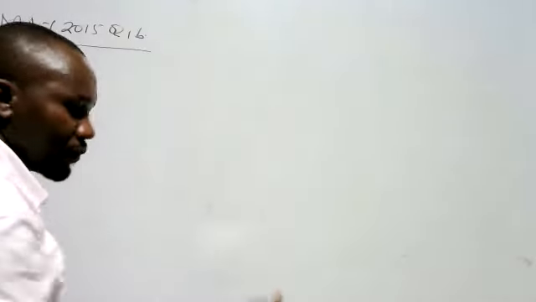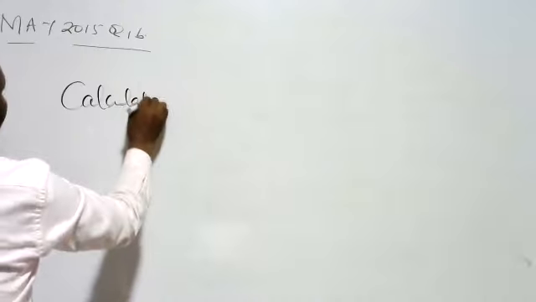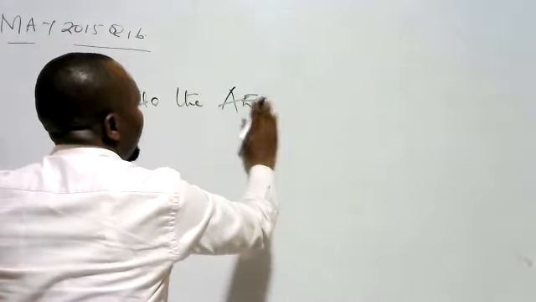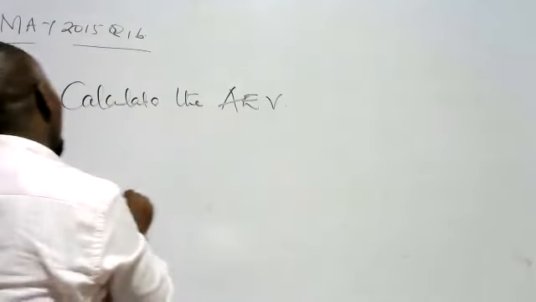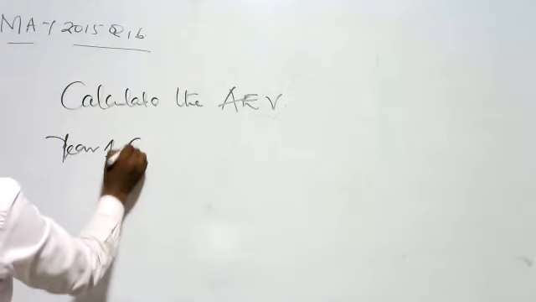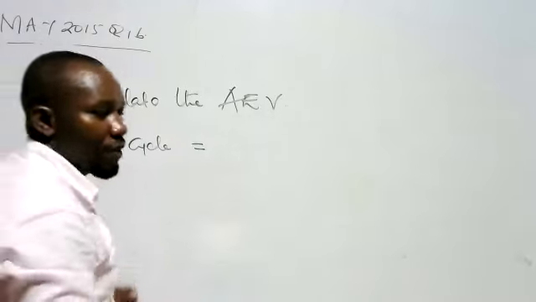So calculate the annuity equivalent borrowing for year one. We have the NPV, which was 727.